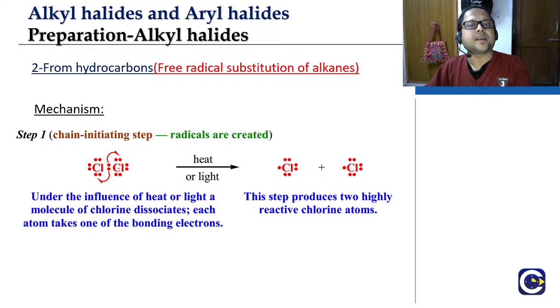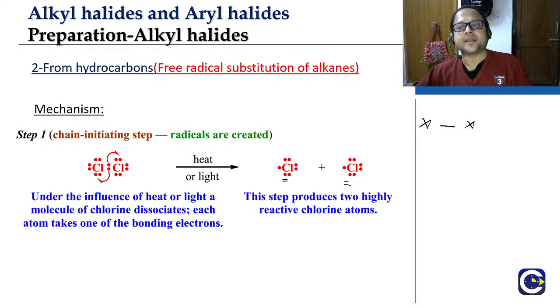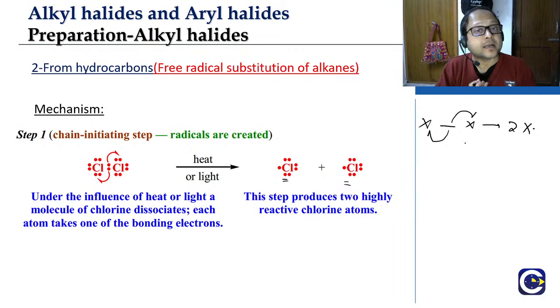So both the chlorine atoms take away their own single electrons, and we obtain two chlorine free radicals. So the general reaction is you have got X2, it can be chlorine, it can be bromine, and then you have got this coming over here and this coming over here. So you have got 2X dot. In a simplistic manner we can remember that, right?